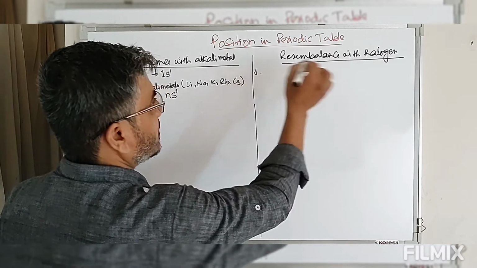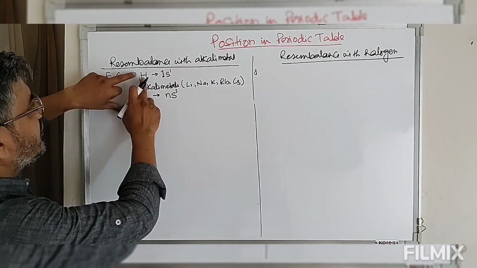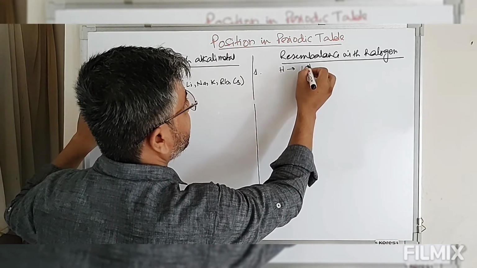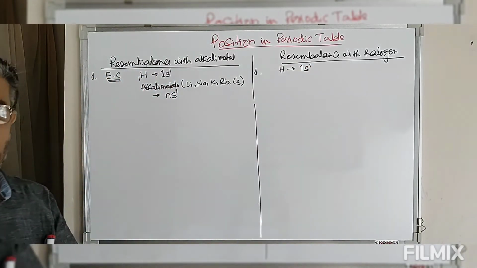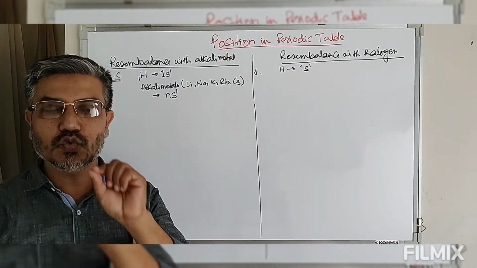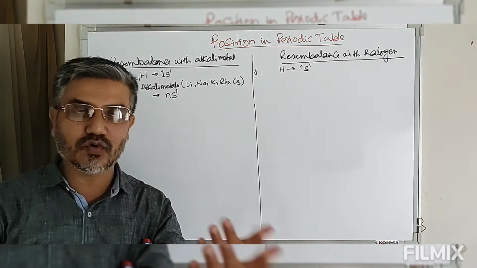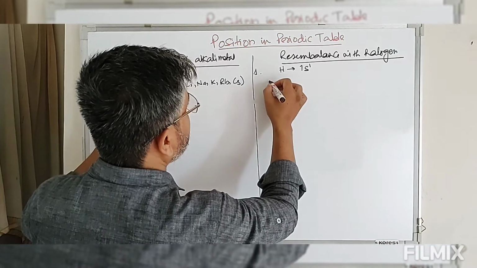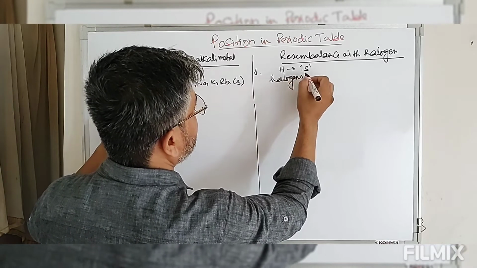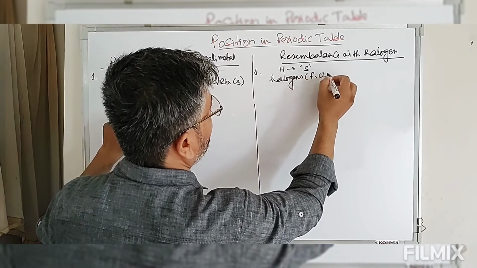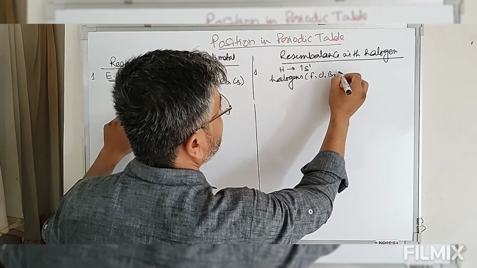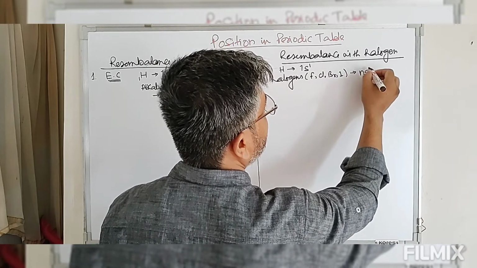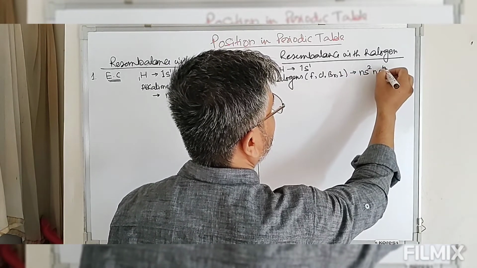Now coming to the halogens, we said the electronic configuration of hydrogen is 1s1. So hydrogen has one electron in the valence shell. So it requires one electron to complete its duplet, so that it acquires the configuration of the nearest noble gas, that is helium. Similarly, now look at the halogens. In case of halogens, we have fluorine, chlorine, bromine and iodine. These elements have the electronic configuration ns2 np5.